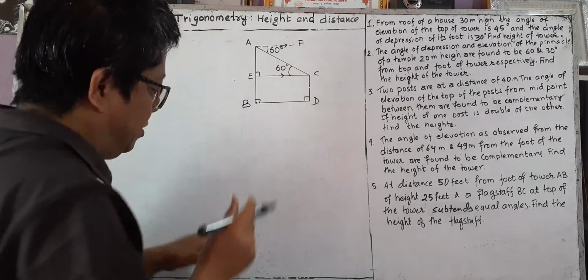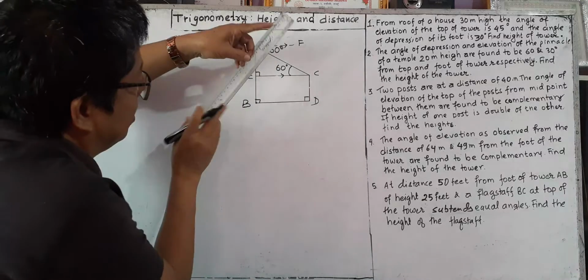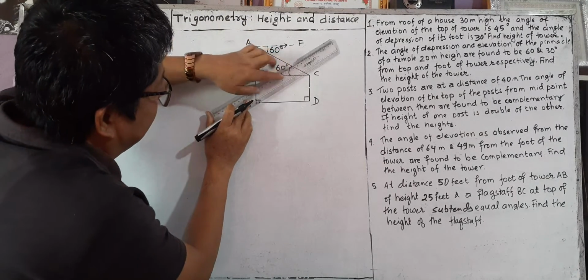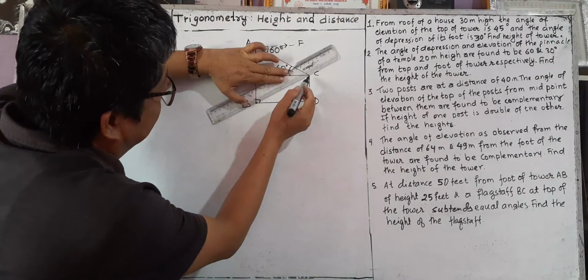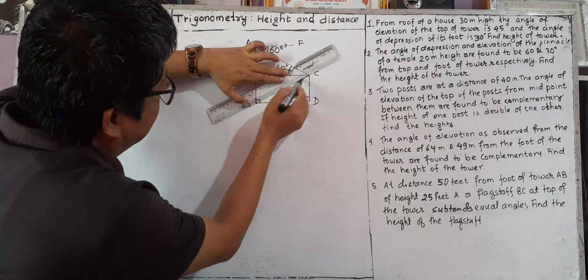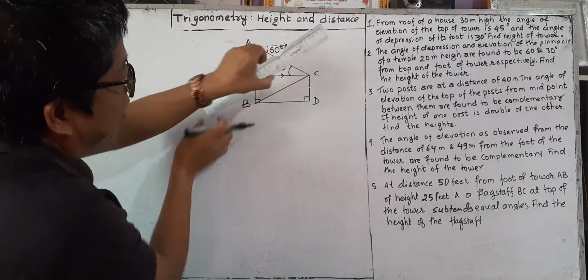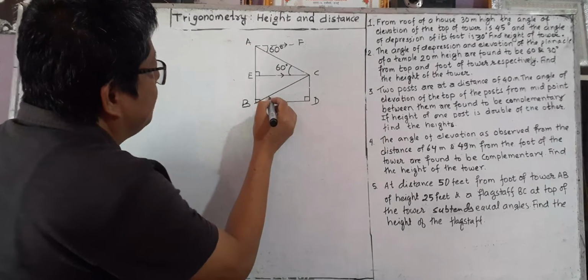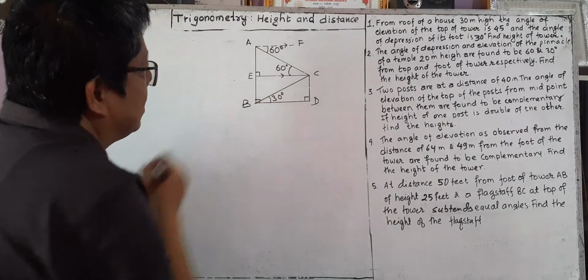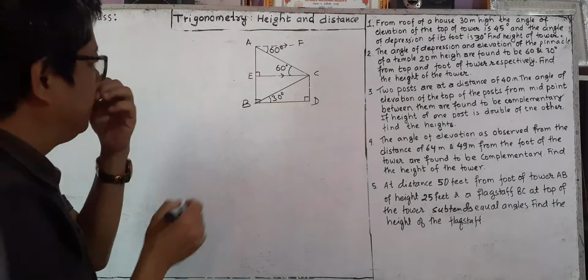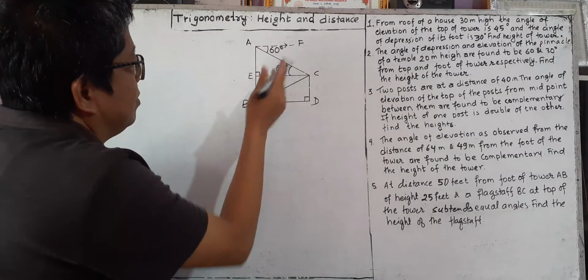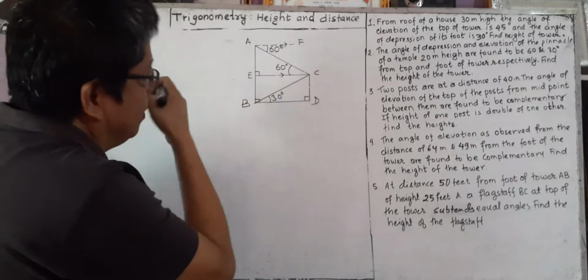From this foot, the angle of elevation to the pinnacle of the temple is 30 degrees. So this is the diagram.